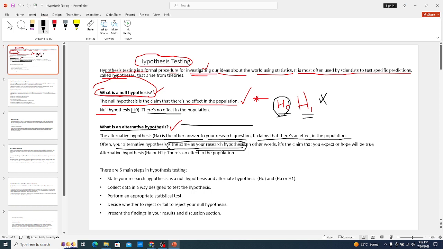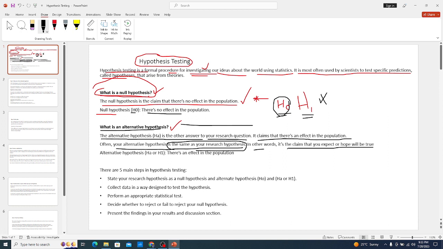In other words, the alternative is the claim that you expect or hope will be true. It shows that your claim or your hope will be true, because it is showing that maybe there is an effect.